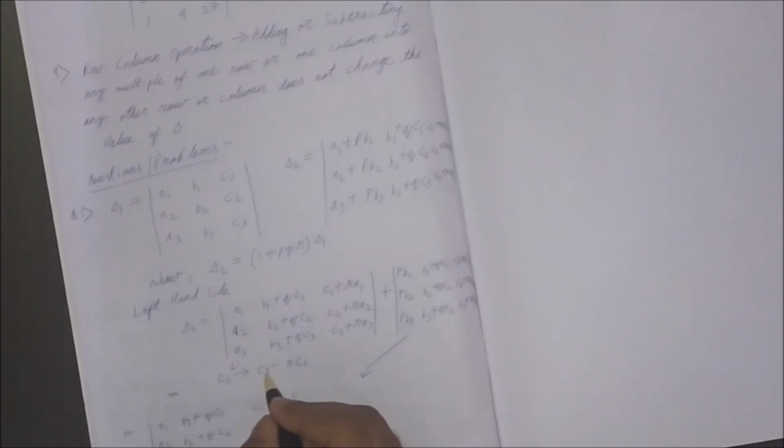Again we are splitting it. So we have done column 3 will be column 3 minus RC1. So RC1 means R into A1, A2, A3. So this and this will be minus.